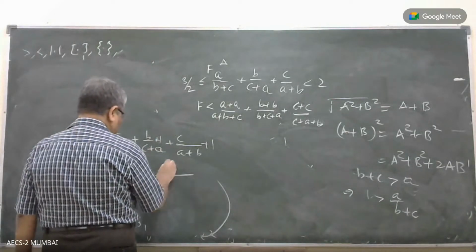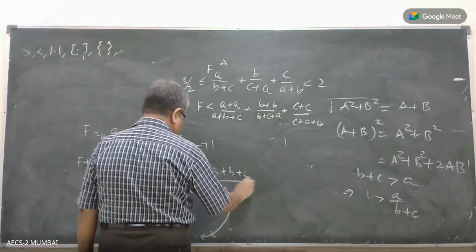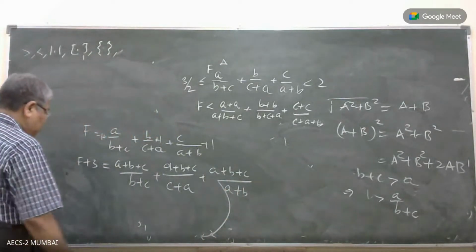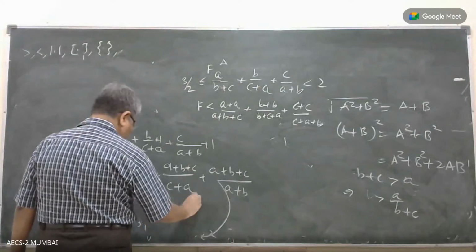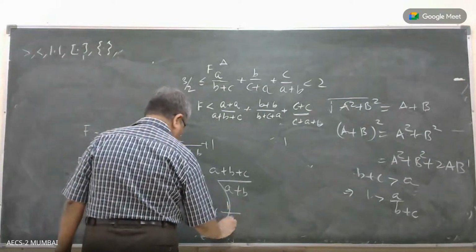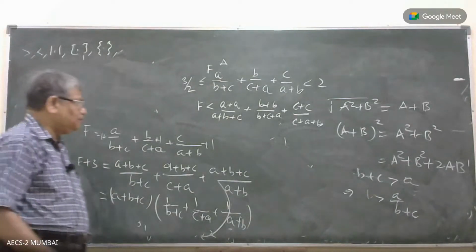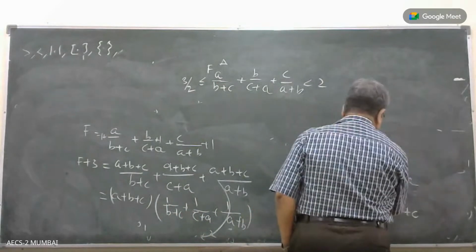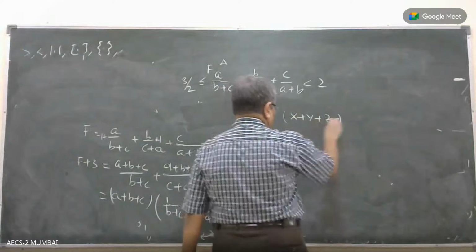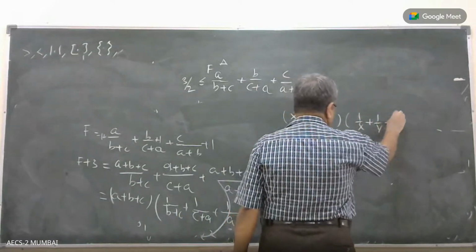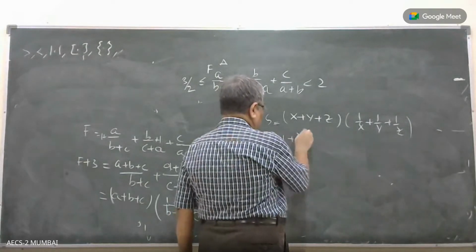Plus a plus b plus c upon c plus. Correct? So this will get. Okay? Yeah, look at this. So look at this.